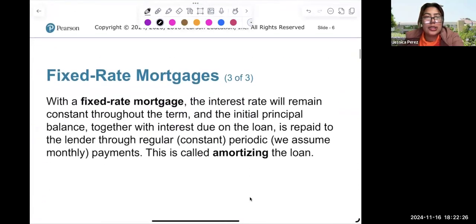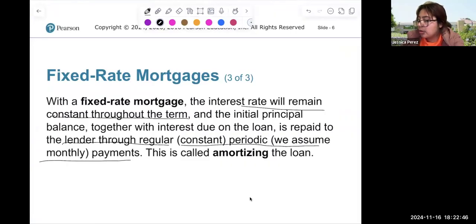With a fixed rate mortgage, the interest rate will remain constant throughout the term. The initial principal balance, together with the interest due on the loan, is repaid to the lender through regular, constant, periodic monthly payments. This is called amortizing the loan.